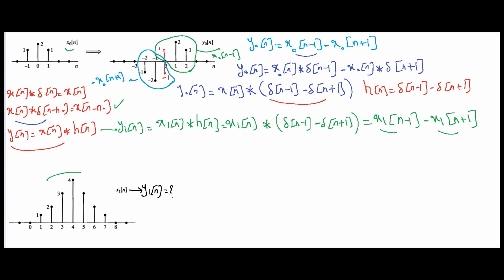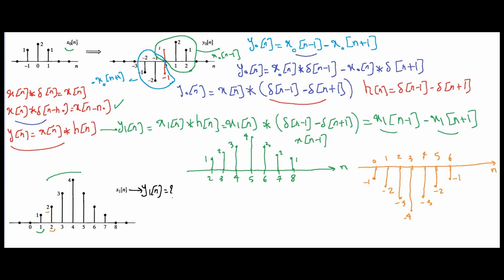Now all we have to do is construct these two shifted versions of x1[n] and combine them. First, let's form x1[n-1]. This is simply x1[n] shifted one sample to the right. Next, we construct negative x1[n+1].